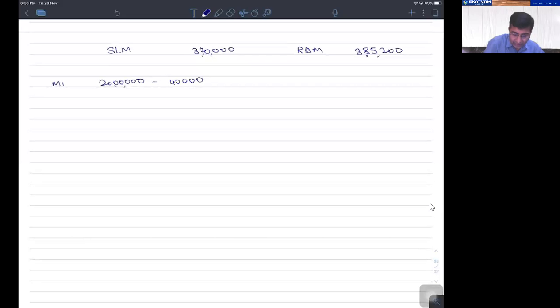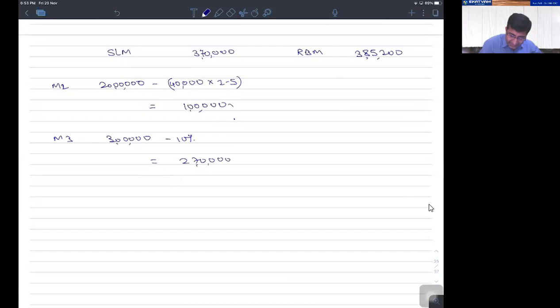Why 40,000? 2 lakh का 20%, that is 40,000 into 2.5 years, that is 1 lakh is the book value. और M2 और M3 जो है वो 3 लाख में खरीदी आपने 30 सितंबर को, तो इसमें सिर्फ एक ही साल का डिप्रिसिएशन आएगा, that is 10%, 6 महीने का, and that comes to 2,70,000. And accordingly the total value of that comes to rupees 3,70,000. खत्म. इतना स्ट्रेट सिंपल क्लियर आंसर था.